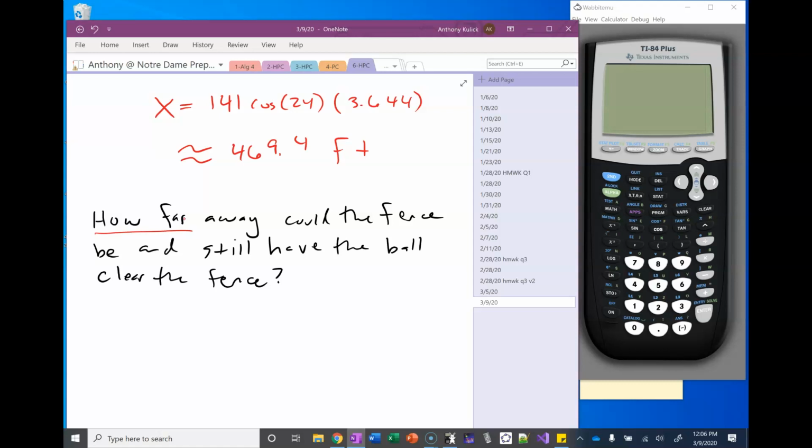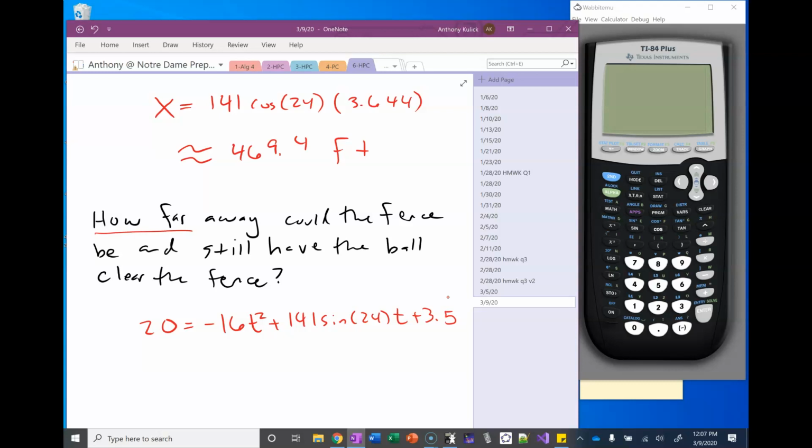What value are we going to plug in for Y? 20. That's the height of the fence, right? I want to figure out how far away we can place the fence so the ball can still get over it.